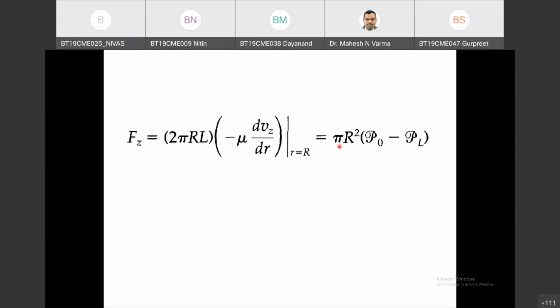Sir, in the power calculation. What do you mean by power calculation? Sir, it's drag force into velocity, P equals FV.